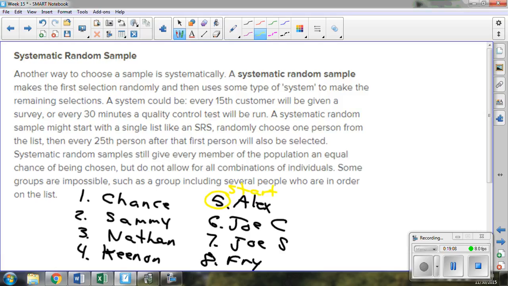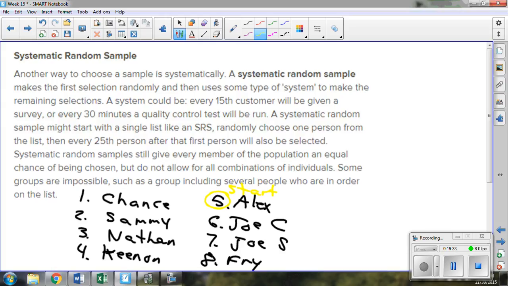Before we started, before we created the list, before we do anything, we would have to describe what system we were going to use. So let's say every third person. Since we don't want to do a population census, if we want to get 1/3 of the group, we can just go 1, 2, 3. 1, 2, 3. 1, 2, 3.